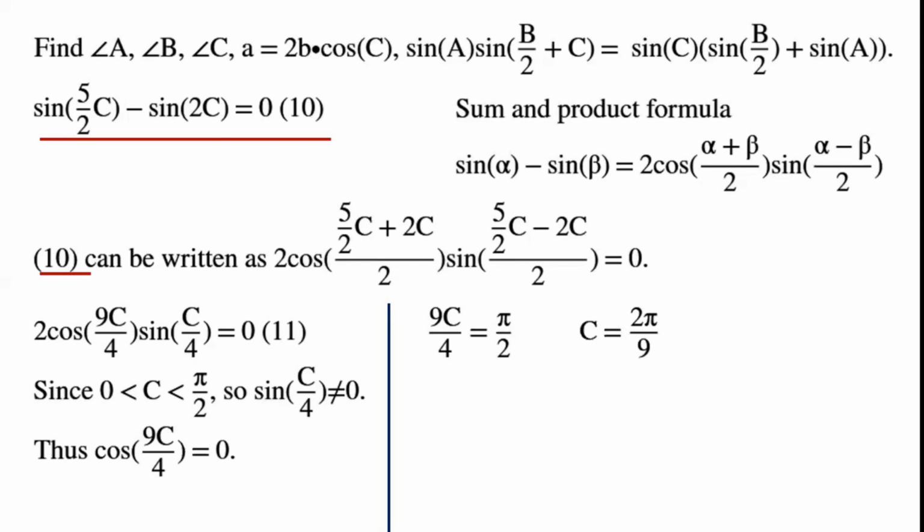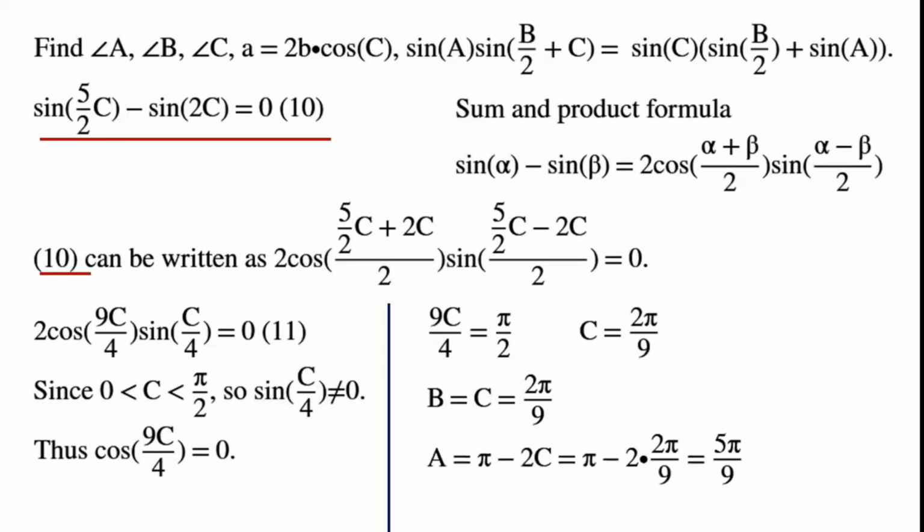By rearranging the equation and simplifying, we have C = 2π/9. So B = C = 2π/9. A = π − 2C = π − 2 times 2π/9 = 5π/9.